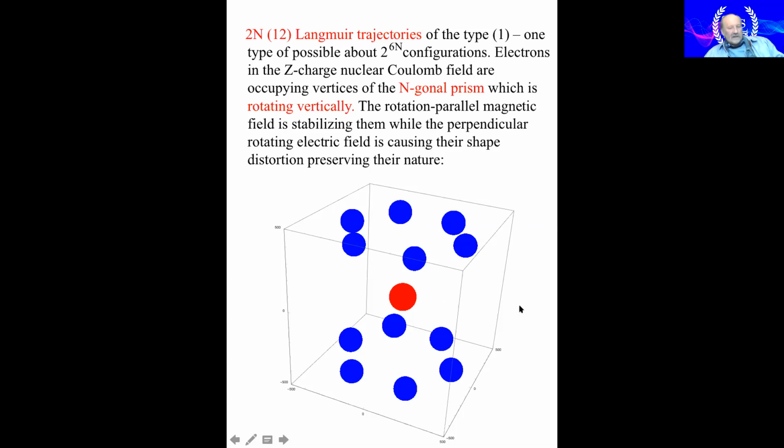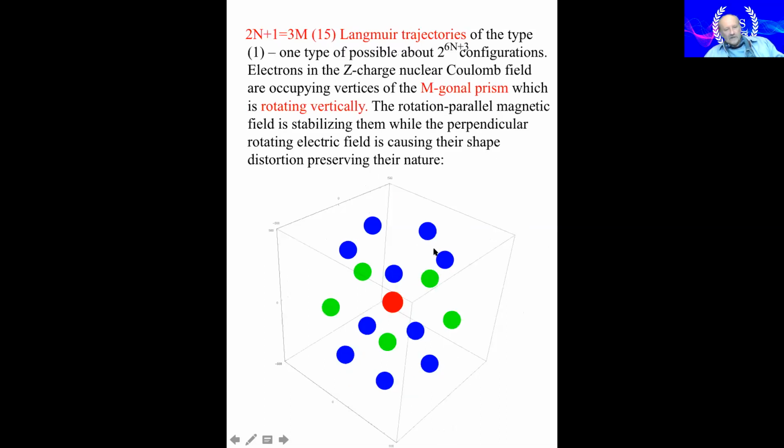Okay, when you add the magnetic field and electric field, of course the radius of the motion is changing on the magnetic field, and the rotating electric field is causing the shape distortion. So the original n-gonal prism is slightly deformed by the external field.